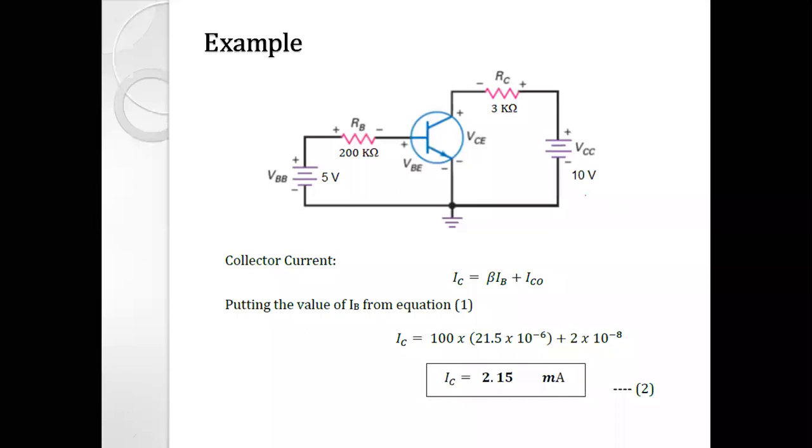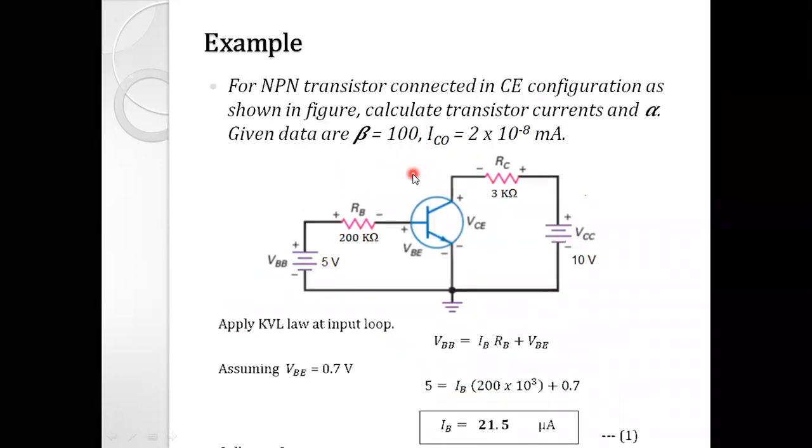So we can easily substitute it into this equation. Beta and ICO are given in the problem statement: beta is equal to 100 and ICO is equal to 2 into 10 raised to minus 8 milliampere.